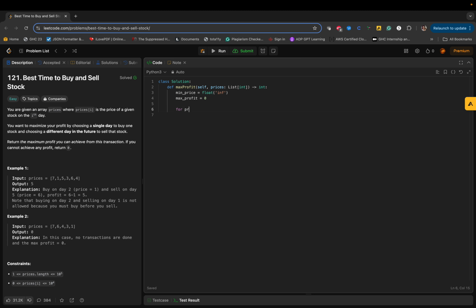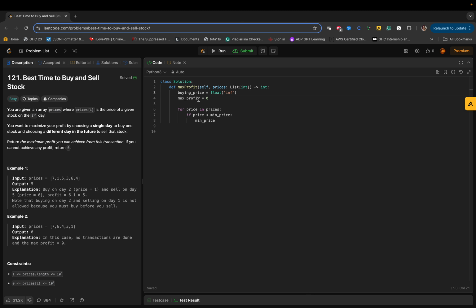Now for price in prices, we are going one by one. Okay, if the price is less than the minimum price, we are seeing if we can use that as the buying price. Let's keep it as the buying price then. I think it will be better, or else let's keep it at that value, because then we'll not be able to differentiate between buying and selling. Then we can say that let's say the buying price.